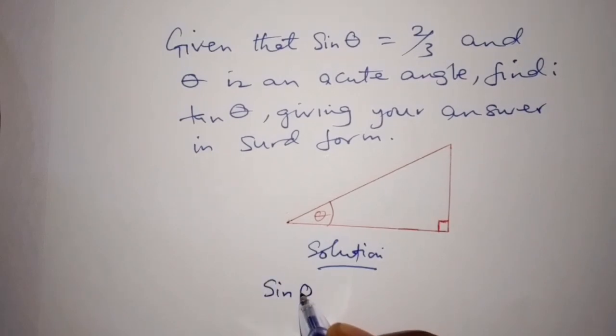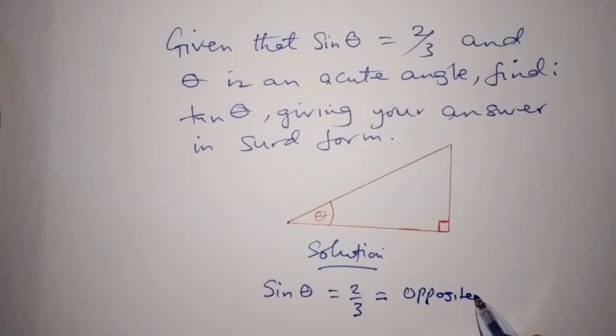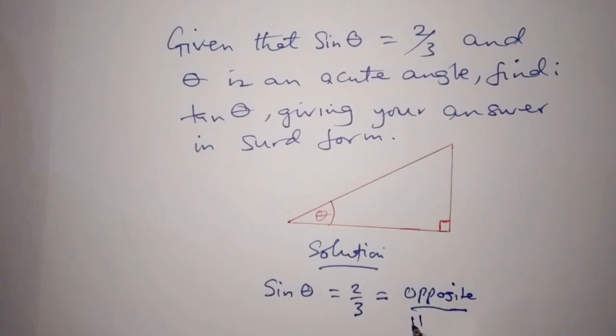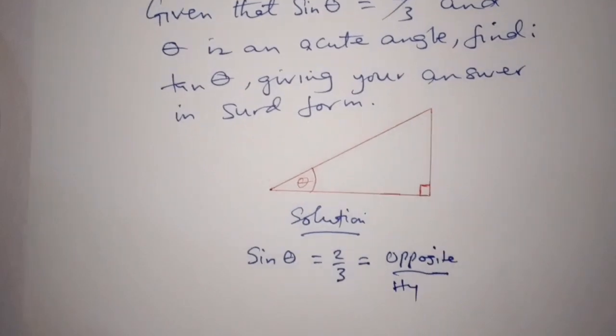So we are being told that sine theta is equal to 2 over 3, and we know that sine theta is given by the formula opposite over hypotenuse.